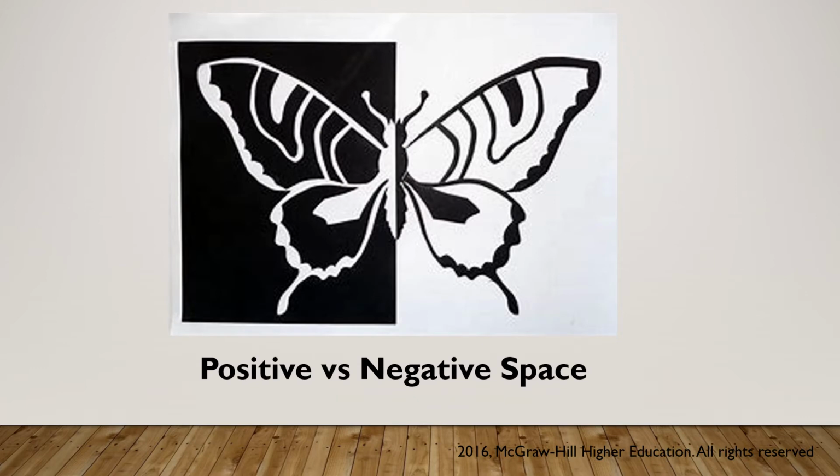On the left-hand side, you have a white form as the positive shape, the black as the background or the negative space. On the other side, you have the black as the positive shape, that's the object, and you have white, which is the negative space or the background.